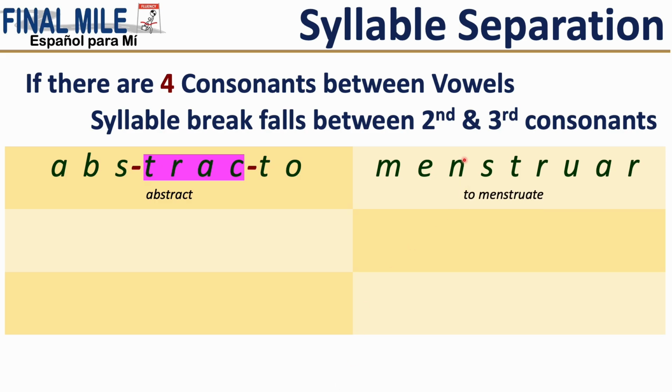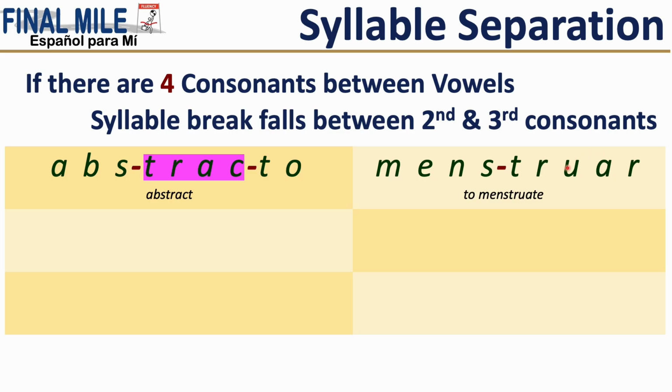Okay? Again, easy, basic syllable. Let's find out how many consonants between the E and the U. 4 of them, no questions asked, right in the middle between the S and the T. Okay, so now let's look at the next one. This is an exceptional syllable followed by a vowel. Are we going to separate these two?